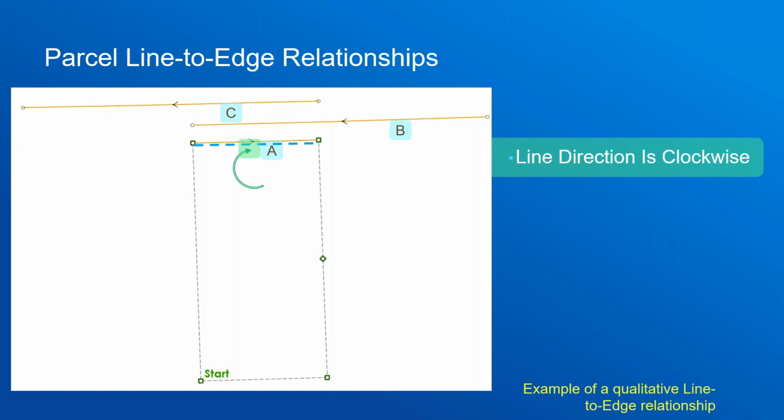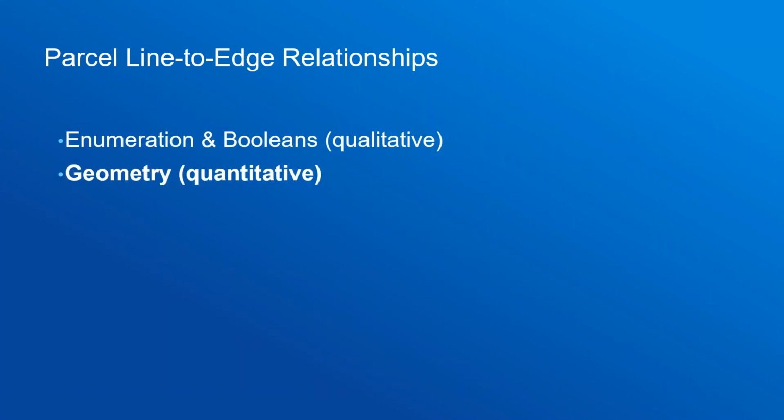We can see that from the arrow here on the line, it is following in the same clockwise orientation as the edge. Of course, if it were going the other way, like in B here, that line direction would not be true. It would be going in the reverse direction. So those are some of the examples of the qualitative relationships.